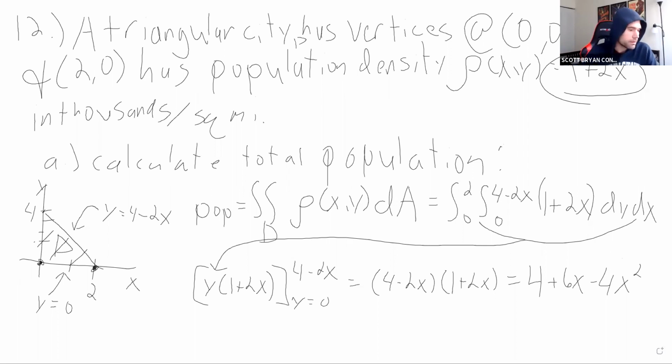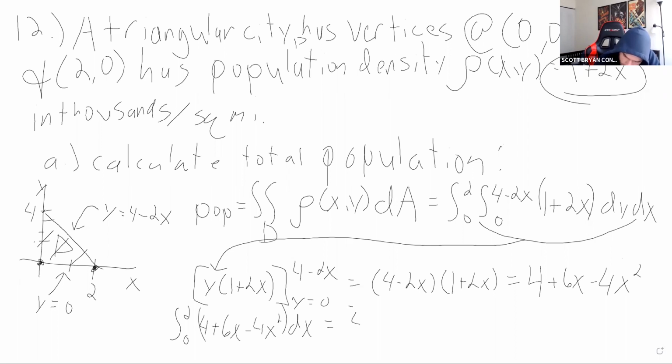Did I already, hang on, let me add my solutions here. Did I screw that one up? We'll see. Okay, so we get the integral where x goes from 0 to 2 of 4 plus 6x minus 4x squared dx.